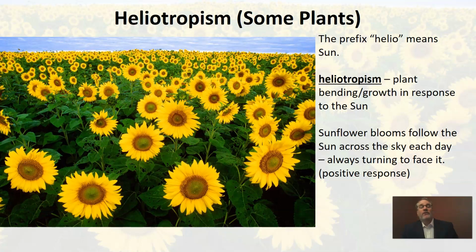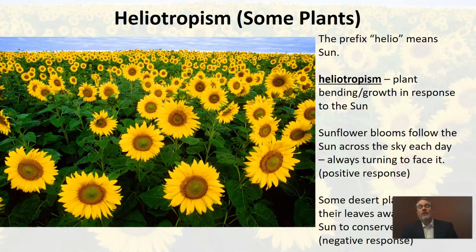So this is a good example of heliotropism. This, of course, is a positive response. The positive response is these sunflowers turning to face the sun. Other plants, mostly in deserts, might have a negative response to the sun.